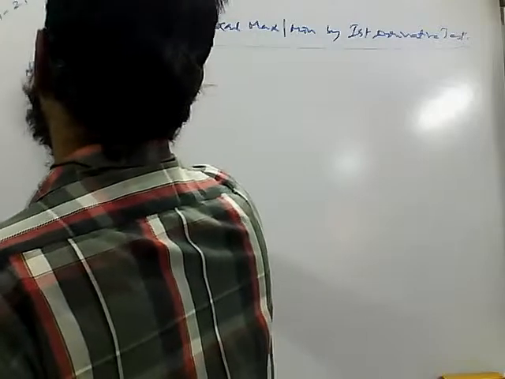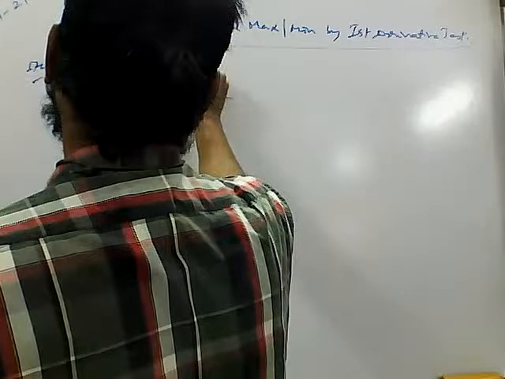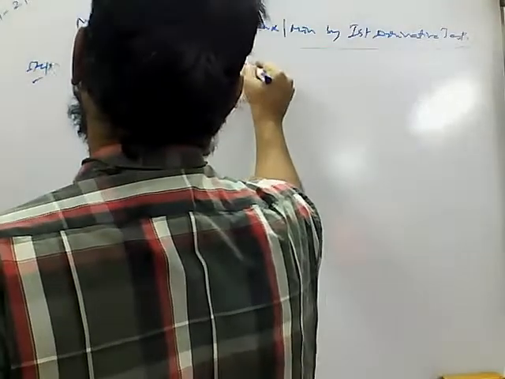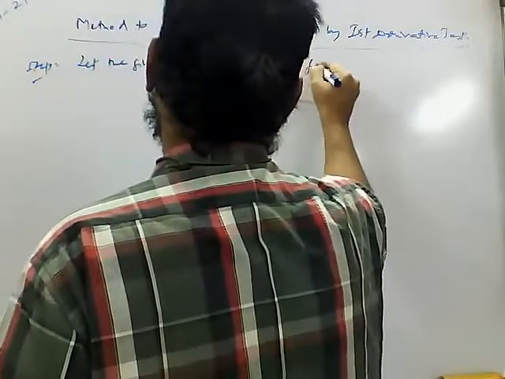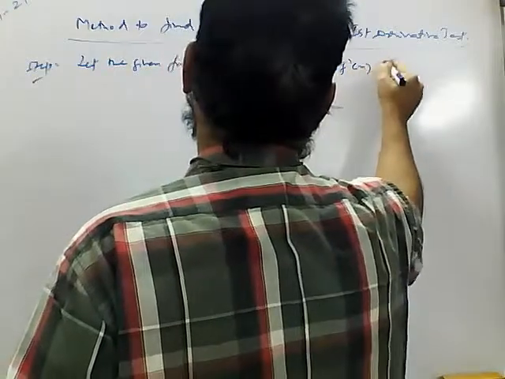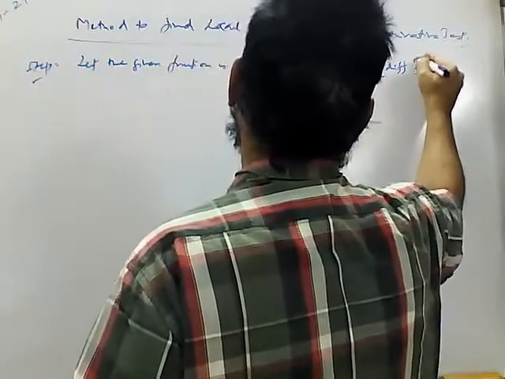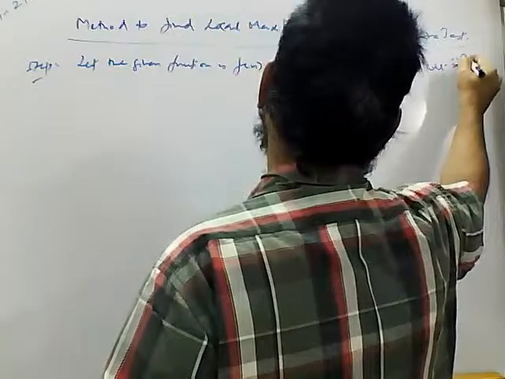Step one: let the given function be f of x and find f dash x, meaning differentiate f with respect to x.